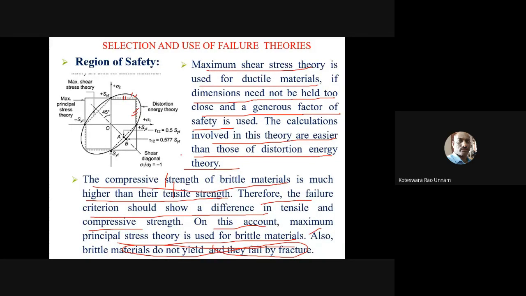If the material is ductile, you can use either maximum shear stress theory or distortion energy theory. Between those two, if you want to calculate accurate dimensions, you have to go for distortion energy theory. If you want to compromise on accuracy but still design for ductile materials with fewer calculations, you go for maximum shear stress theory.